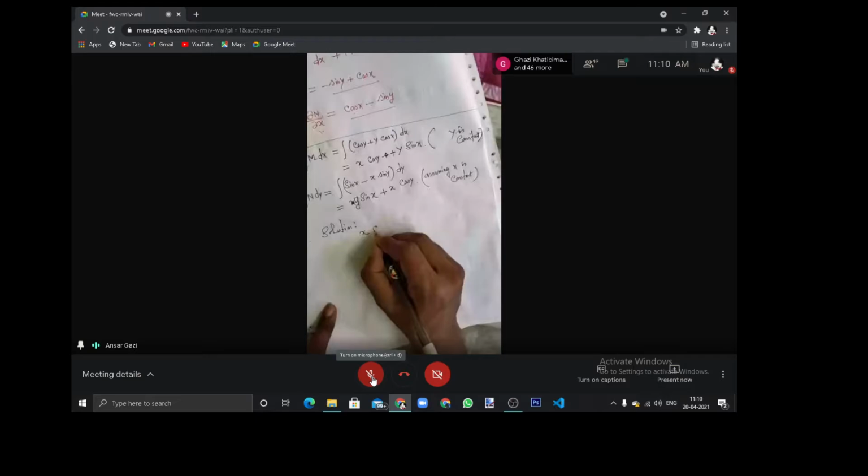Similarly, x square dx or x cube dx, y square dy. There are also some standard differentials. In the next chapter we study some more important differentials. Here only some basic differentials, like 1 by 3 x y cube. If we can write it as d of this, then if we integrate, easily you can write the solution of the differential equation.